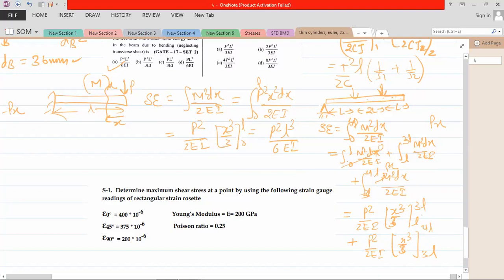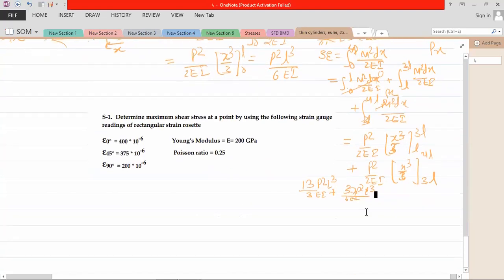Now if you substitute, it is around 27 minus 1, 26 by 3, so 13 P square L cube upon 3EI, plus the next term: 4 cubed is 64 minus 27, it is 37, so 37 P square L cube upon 6EI.